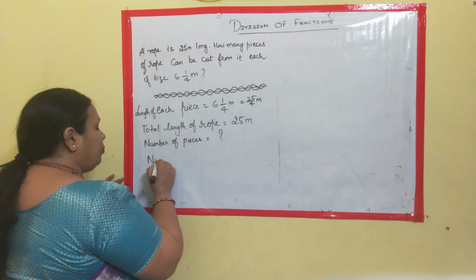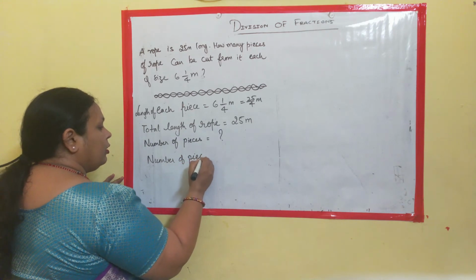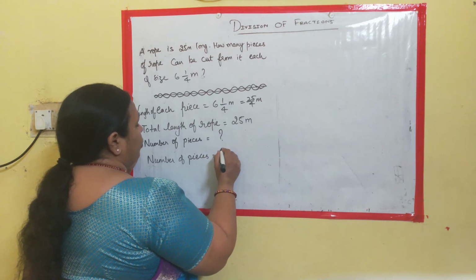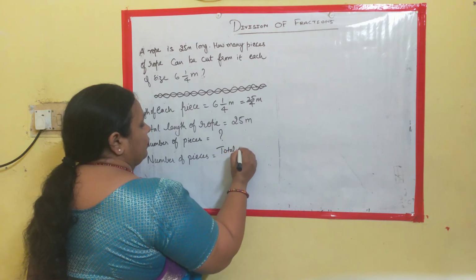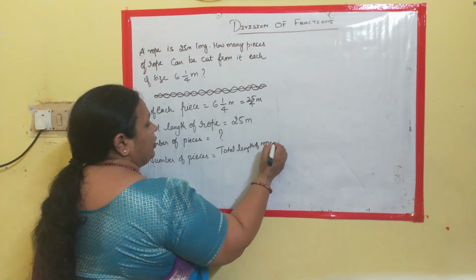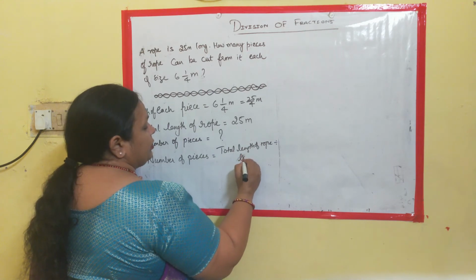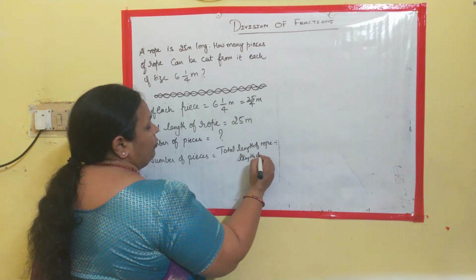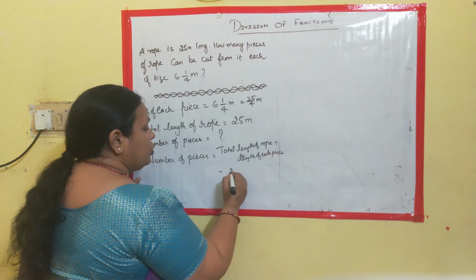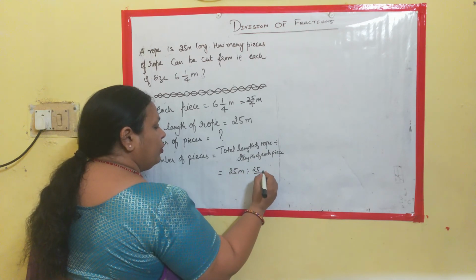So, number of pieces can be found as total length of rope divided by length of each piece. That is 25 meter divided by 25 by 4 meter.